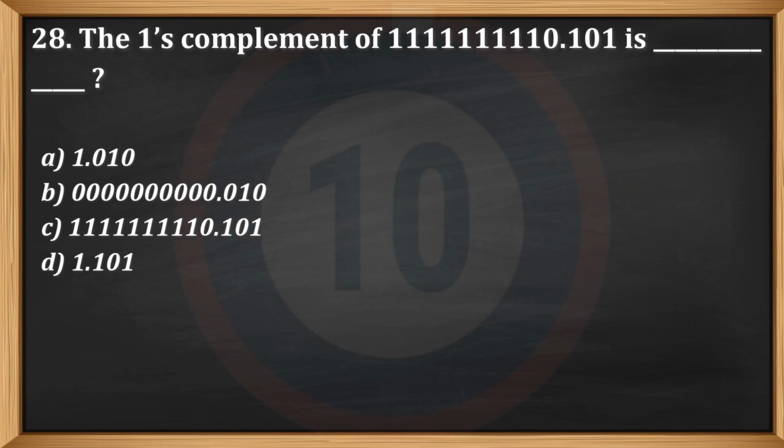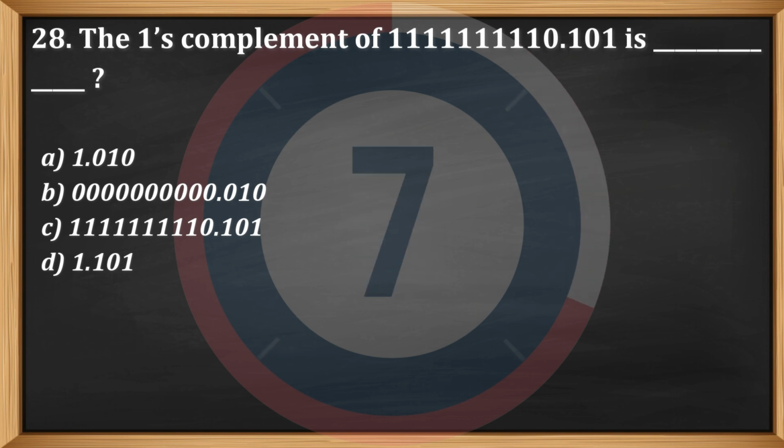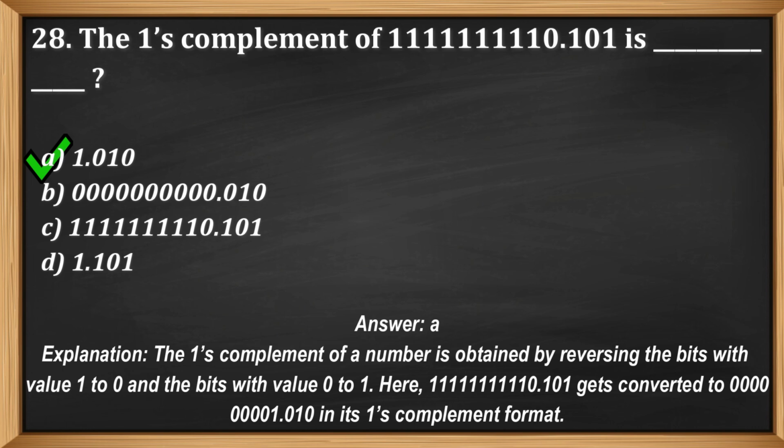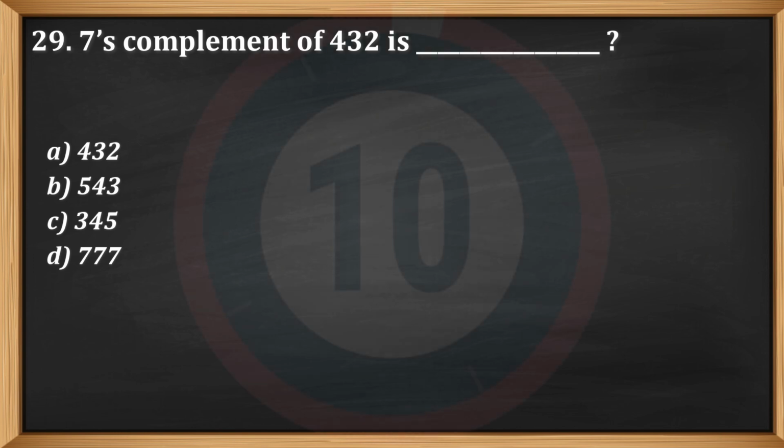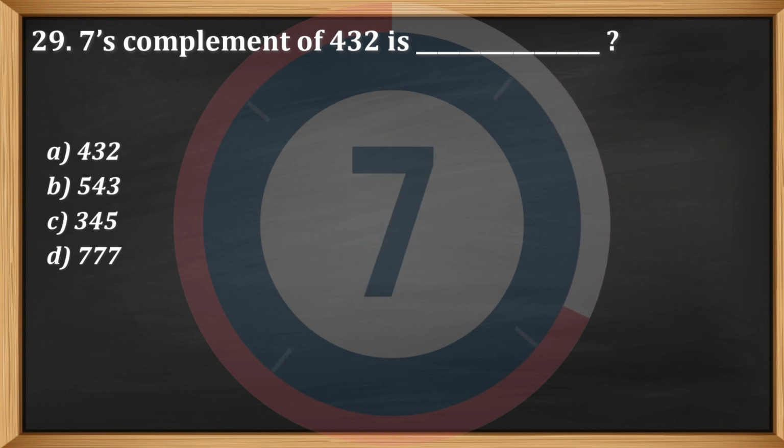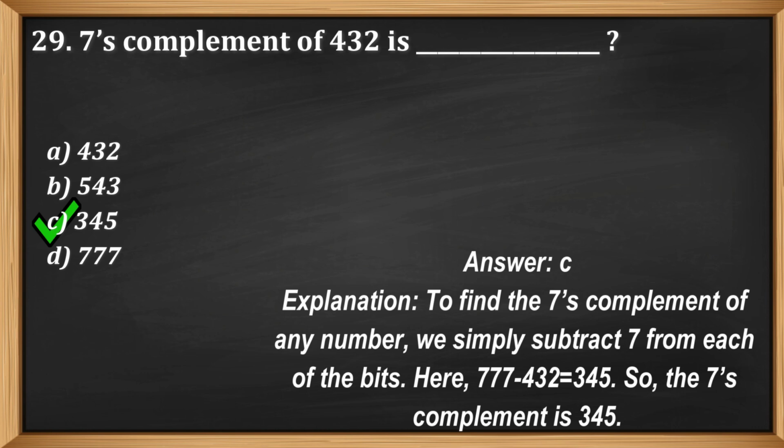The 1's complement of 0.101 is option A, 1.010. Seven's complement of 432 is option C, 345.